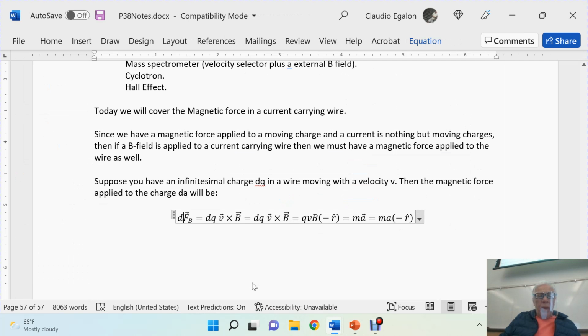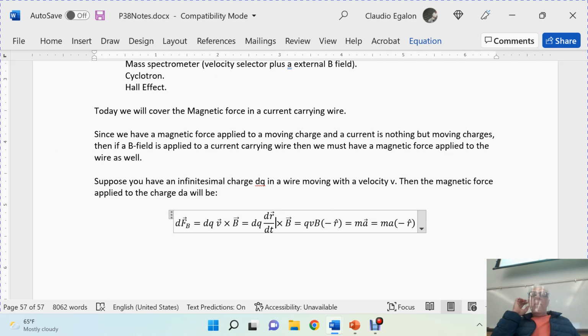And here you go. Don't forget that v can also be written as the derivative of the position vector of the infinitesimal charge dq, dr/dt. Okay, what's next?